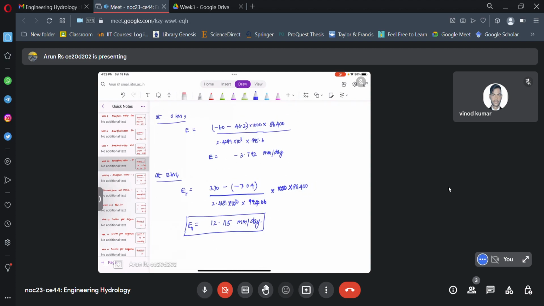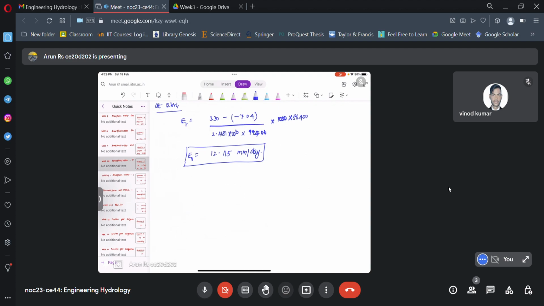So you can maybe plot this, maybe we can plot something like this and we can see the difference that is occurring. So I am leaving that up to you. So here you can plot the time and here you can plot the evaporation rate. So this will go something like this, and with your sensible heat flux.